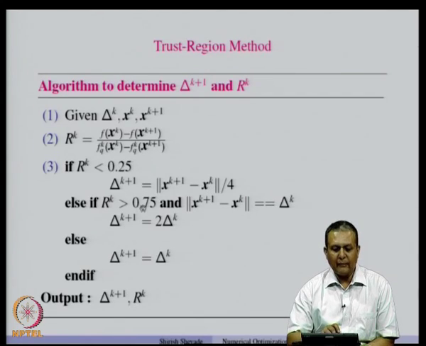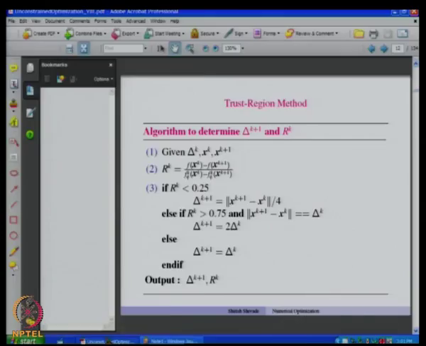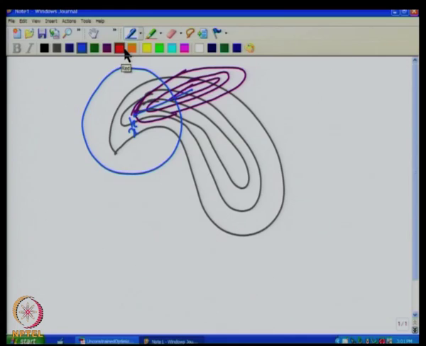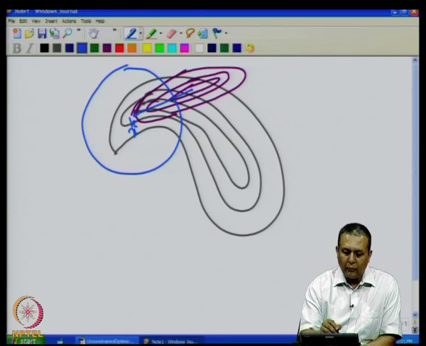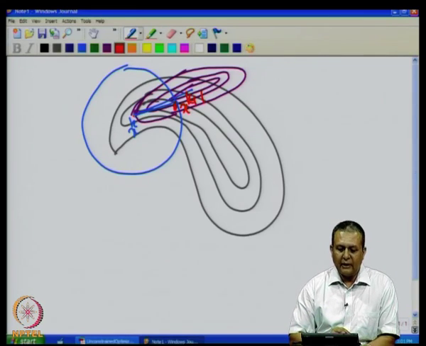On the other hand, if the current approximation is good and the step taken is equal to delta k. So, if you look at this figure, if starting from x k we go to a point x k plus 1 and x k plus 1 lies on the boundary, that means that the distance between x k plus 1 and x k is nothing but delta k.